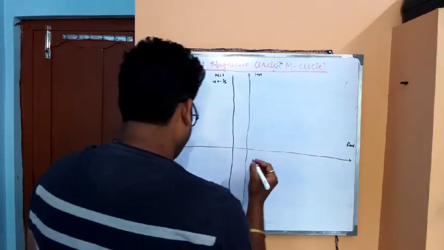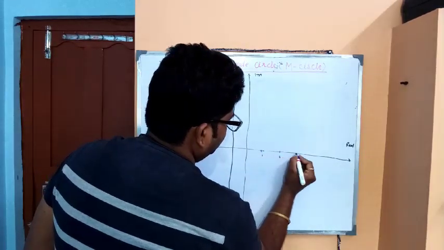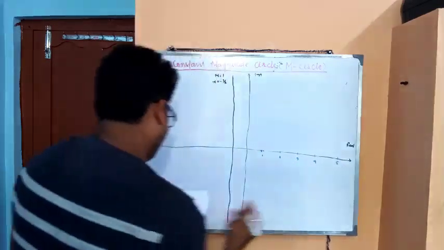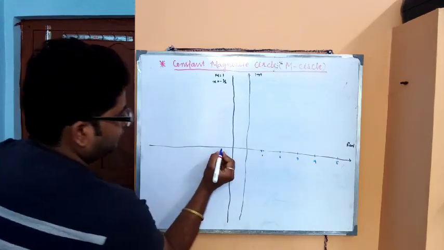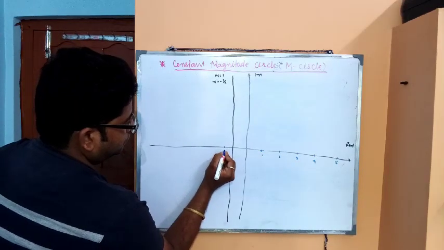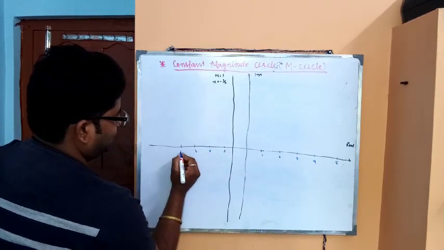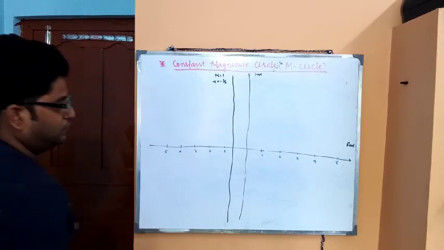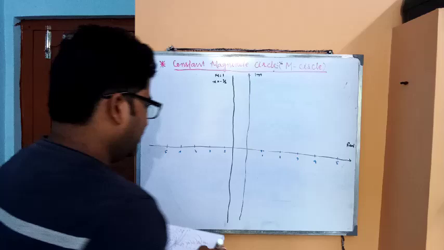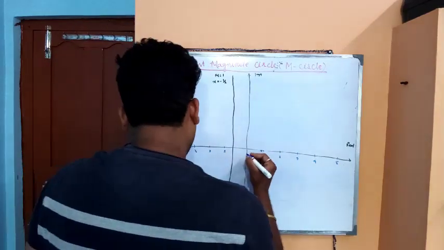Before drawing this, first we consider the points 1, 2, 3, 4 and up to 5. Similarly in the left hand side direction, this is 1/2, then 1, 2, 3, 4 and 5.